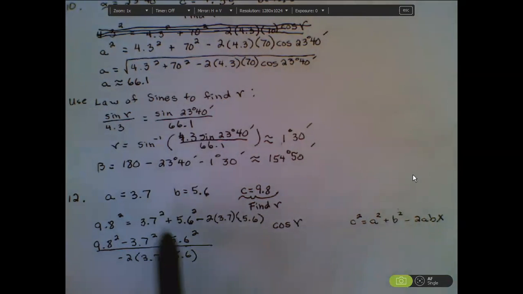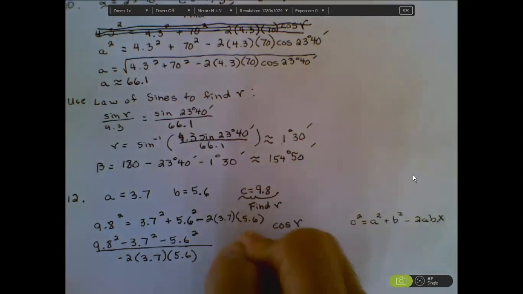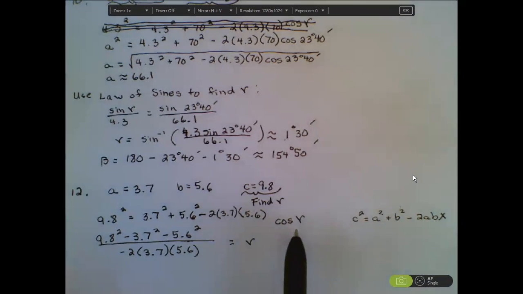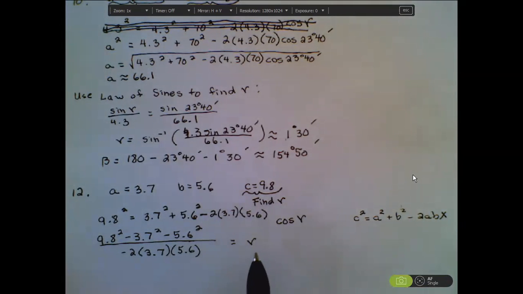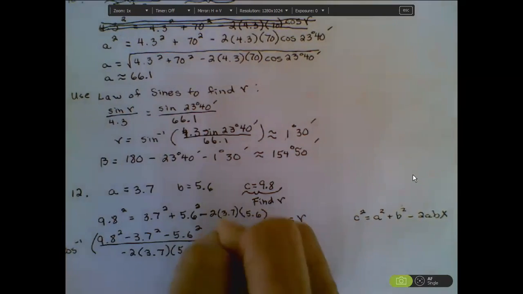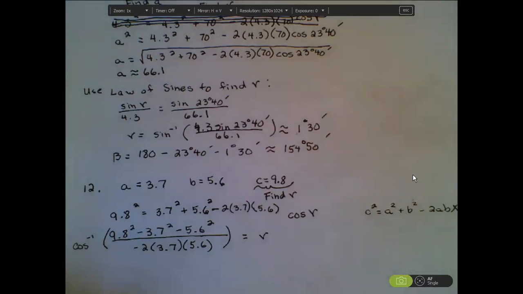And if I just want to get gamma, what would I do to both sides to have gamma on the right-hand side instead of cosine gamma? If I have cosine gamma, how do I find gamma? Inverse of cosine. Beautiful. That's what you've got to punch on the calculator.